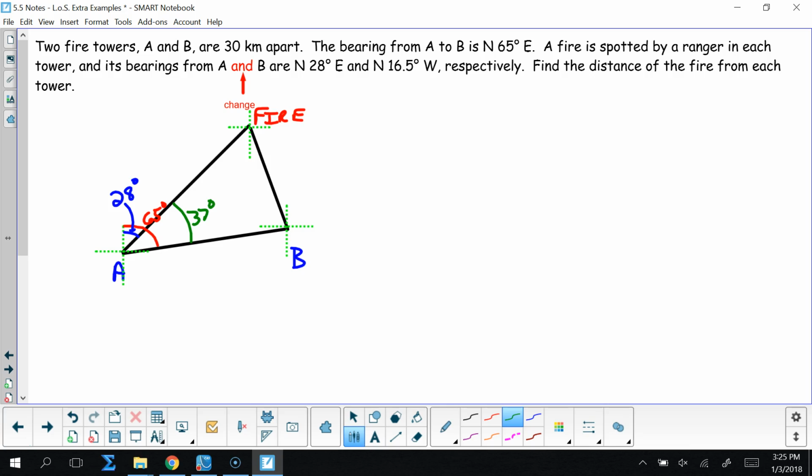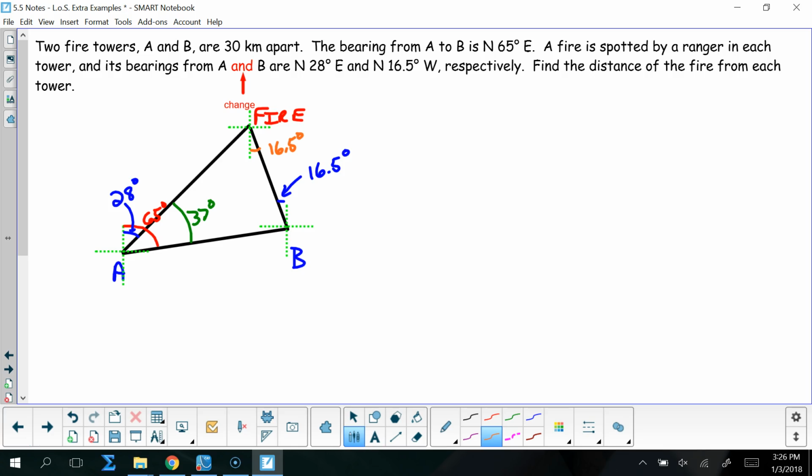The fire from Tower B is at 16.5 degrees, so this angle in here is 16.5 degrees, which makes this angle right here also 16.5 degrees based on alternate interior angles.